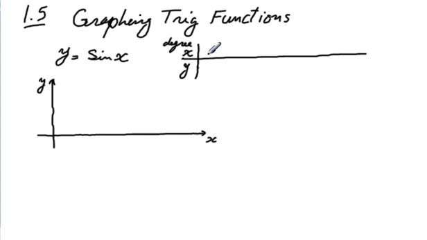Now, it all depends on your choice how you want to go about it. For example, you can start with those famous angles, 0, 30, 45, 60, 90, and then going on based on these types of angles and find out what their sine happens to be, and then go ahead and graph them.